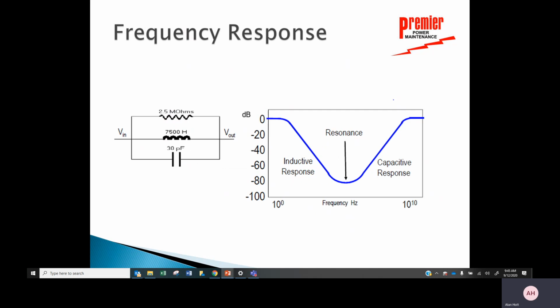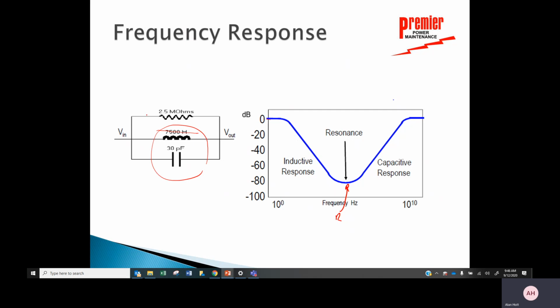Now, if I look at a tank circuit at very low frequencies, the inductance is very small. So basically, this would be my path. Right there it is, 0 dB. I'd have no loss. At resonance, these two are an open circuit, so it's just purely resistance.